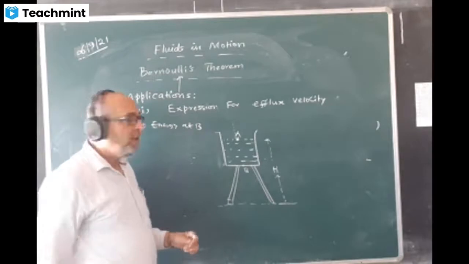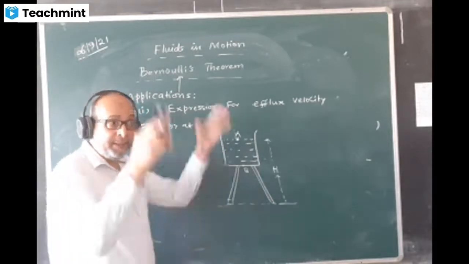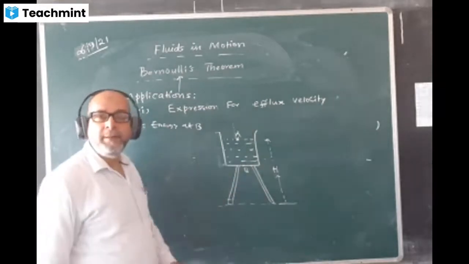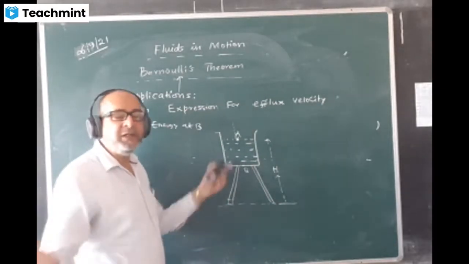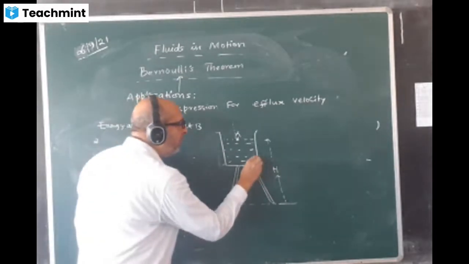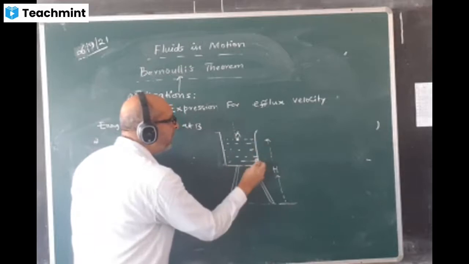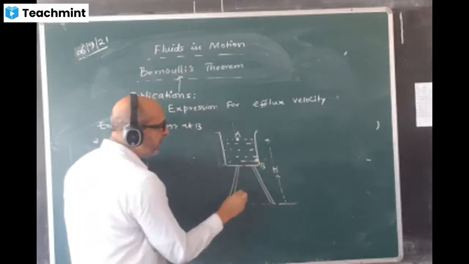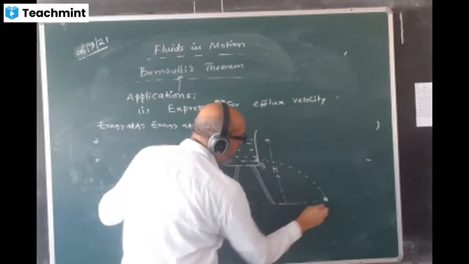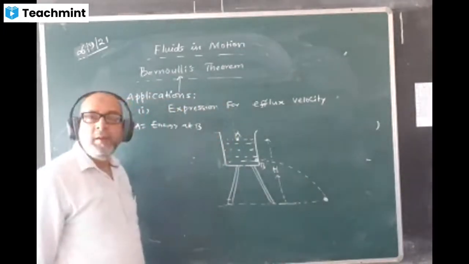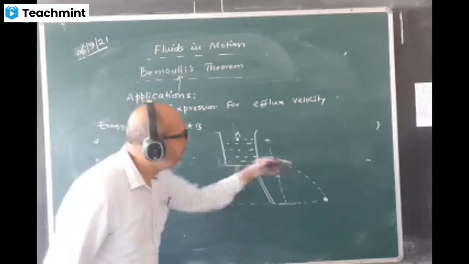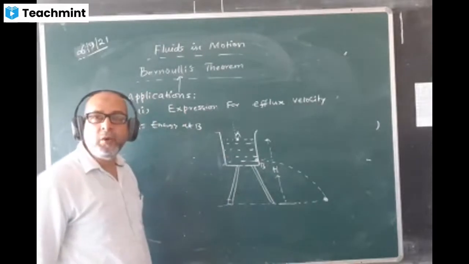What we will do is take a container, maybe a big container like a water tank, a 1000 liter tank or 500 liter tank or maybe bigger capacity. We'll make a hole over here. This is the point A and here is the point B. Now the water will come out like this, falling down on the ground in this manner. Yes or no? When you make a hole, liquid will be coming out from the container through the hole.